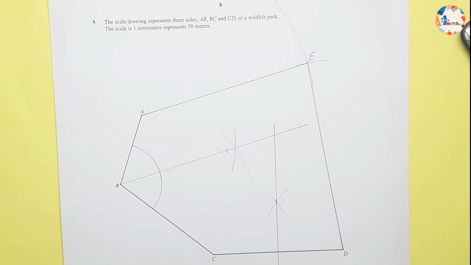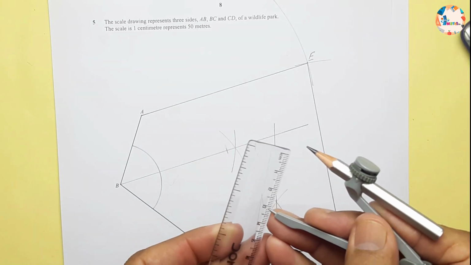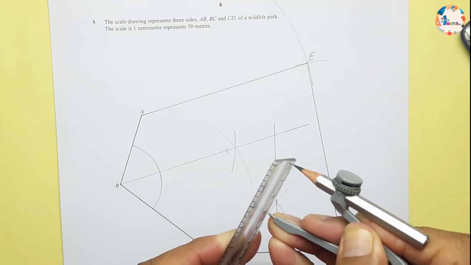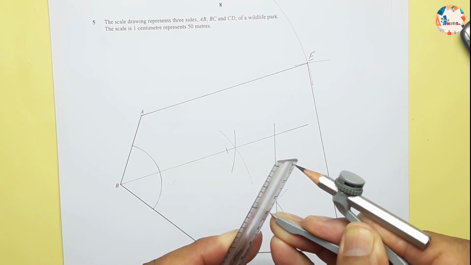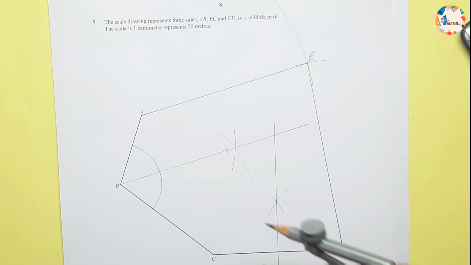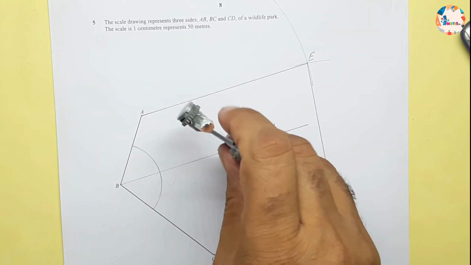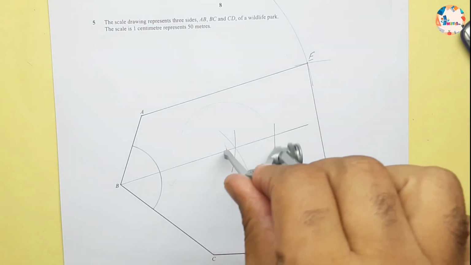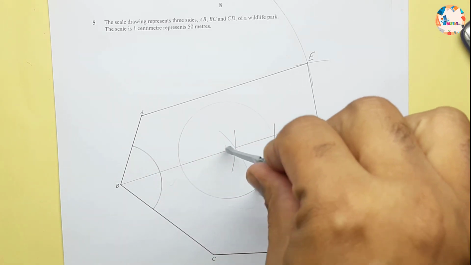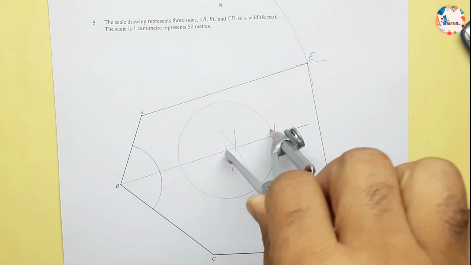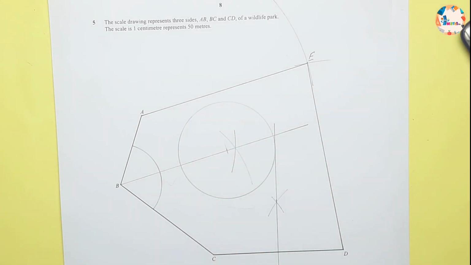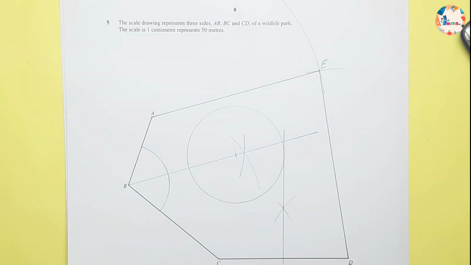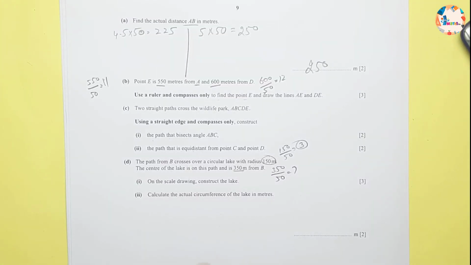So I will open the compass 3 centimeters and draw the lake over here. So this will be the circular lake drawn. So we are done with everything required in this question.